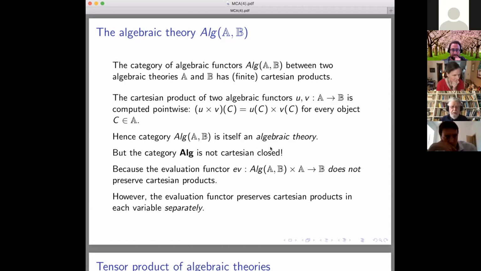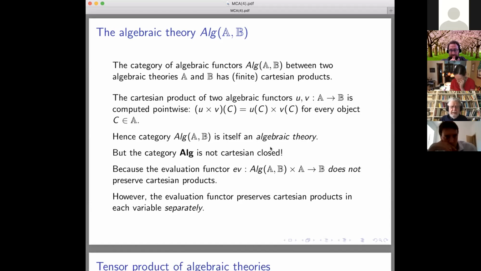That's almost immediate. If you write it down on a piece of paper and check this, it preserves the Cartesian product in each variable separately, meaning that if you fix one of the variables of the functor, then it preserves Cartesian product in the other, but it does not preserve Cartesian product jointly. So this evaluation functor is not a morphism of the category of algebraic theories.